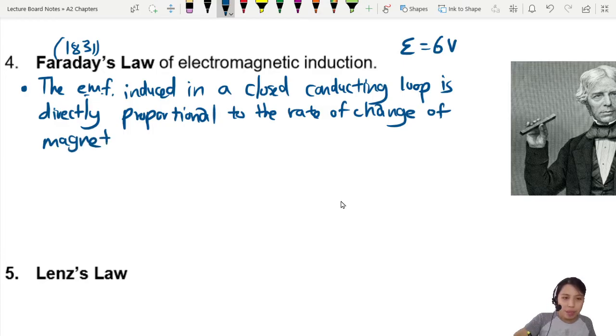That's the word for it. The main idea you want to remember here is that E is proportional to the rate of change.